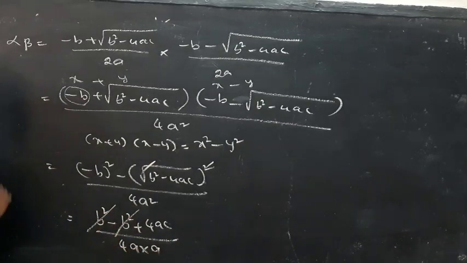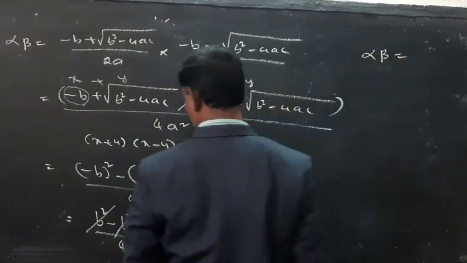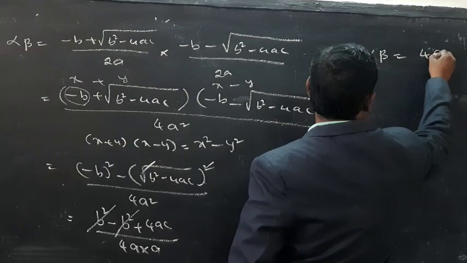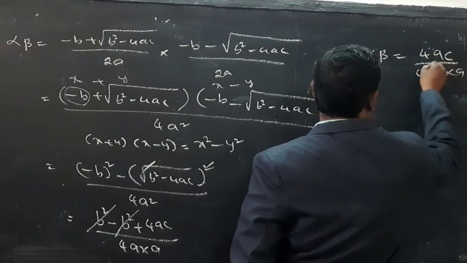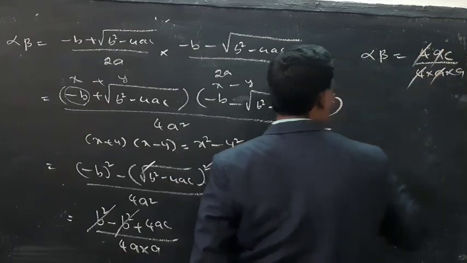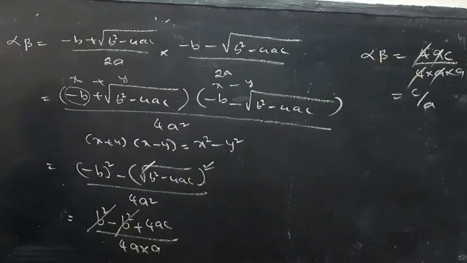Then b square minus b square cancel. So what is remaining here? Alpha beta is equal to 4ac by 4 into a into a. a cancels, c and a cancel, 4 cancels. So alpha beta is equal to c by a. Product of zeros alpha beta is equal to c by a.